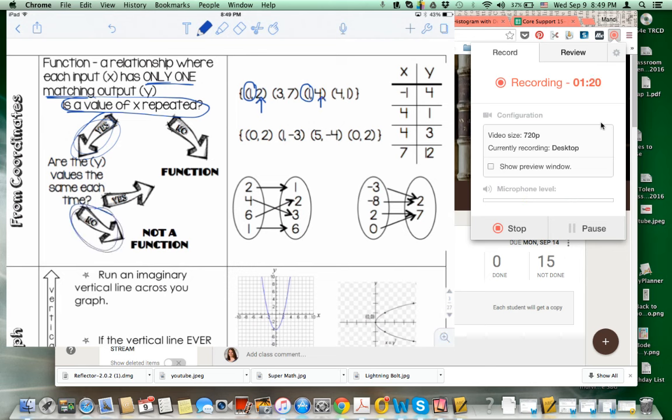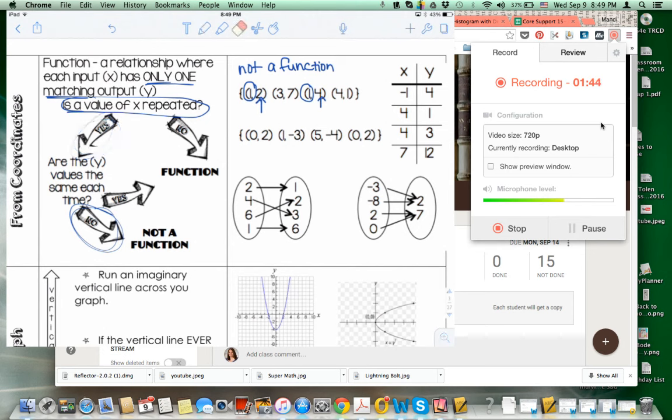No, the y values are not repeated. So this is not a function. So we say not a function. And sometimes it asks for y. So if it asks for y, you would say it's not a function because the input 1 does not have the same output every time.